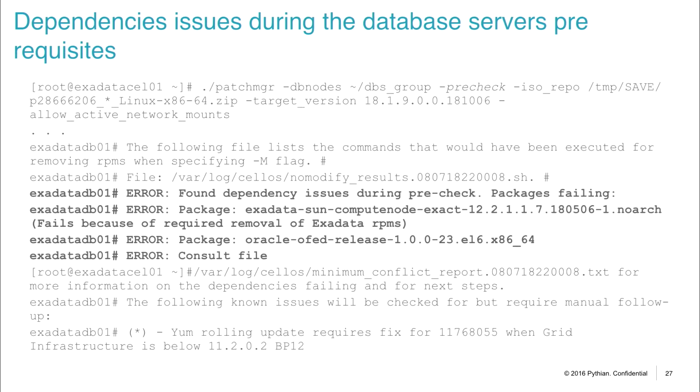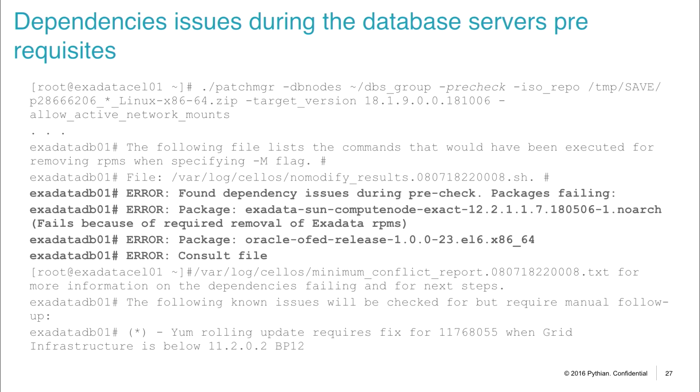So this is one of the very first things that come into play. What I've seen with clients is that they have their own packages installed within the Exadata, and Oracle highly recommends that you don't do custom packages within the Exadata.